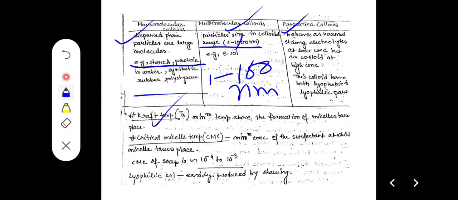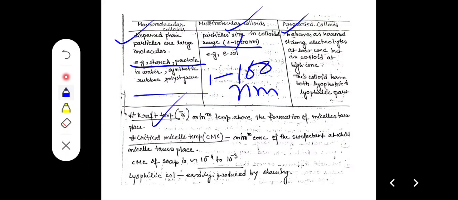Now we consider the Kraft temperature, TK, the minimum temperature above which the formation of micelles takes place. It is the lowest temperature after which micelle formation takes place, and this particular temperature is called the Kraft temperature.